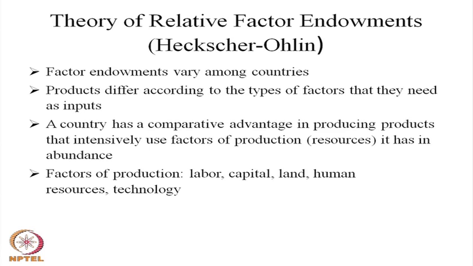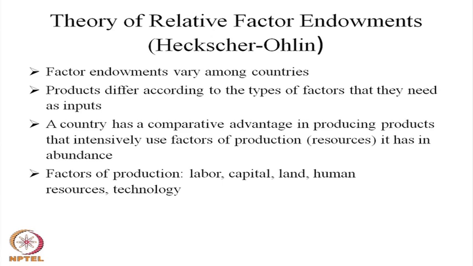In the relative factor endowment theory, the factor endowment varies among countries. Products differ according to the type of factors they need as inputs. A country has a comparative advantage in producing products that intensively use the factors of production, the resources it has in abundance. Factors of production are labor, capital, land, human beings, technology, everything.